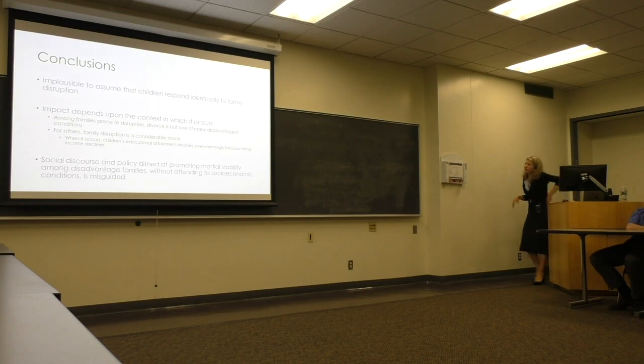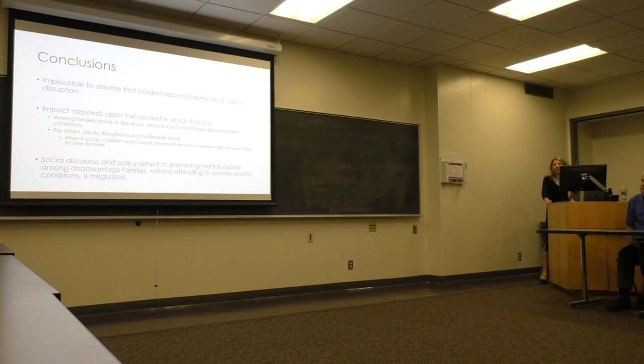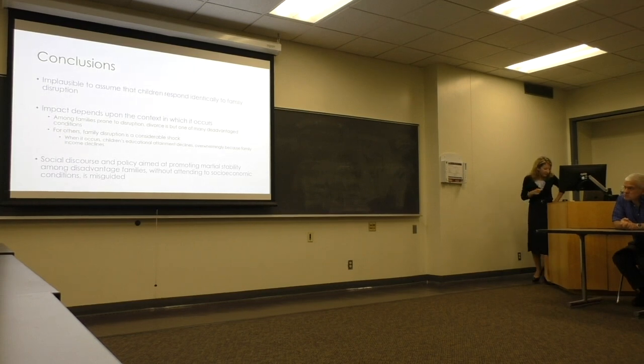So this is, I guess, my caution. While the effect of divorce is seemingly greatest among children of more advantaged families, that's not to say that we should shift attention away from children of disadvantaged families.